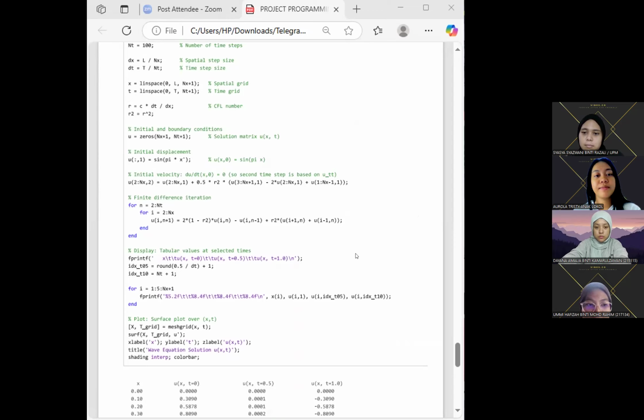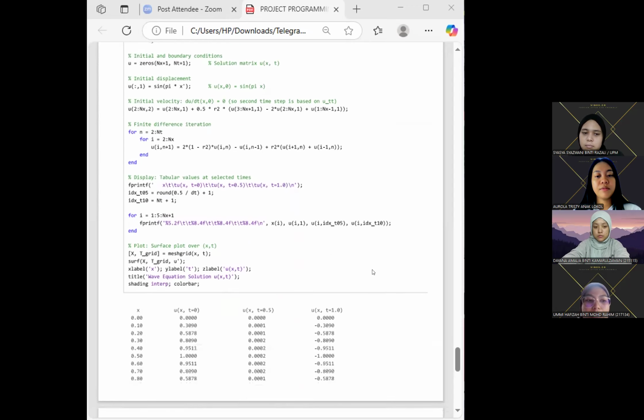And for step 6, we want to print a table of results. We use fprintf. We display how the wave value changes at different x positions for three times. We start with t is equal to 0, t is equal to 0.5, and t is equal to 1.0. This helps us to see the wave movement numerically.